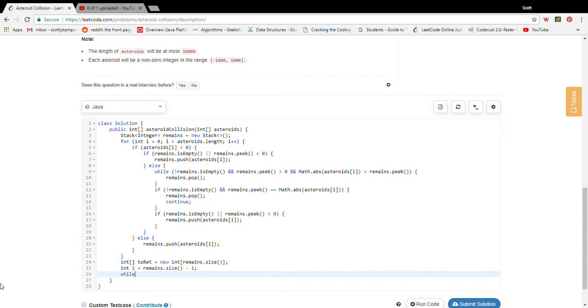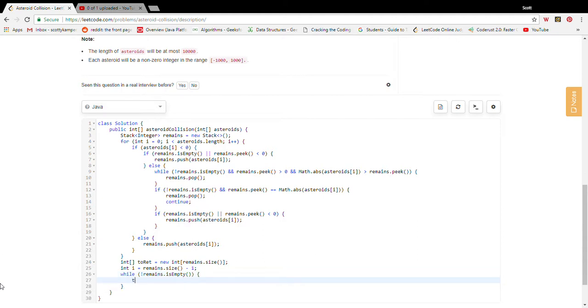We're just getting the elements out of the stack and putting them in the array, while our remains is not empty. Just filling up our return array. And that should do it.